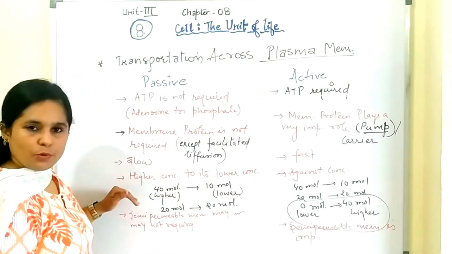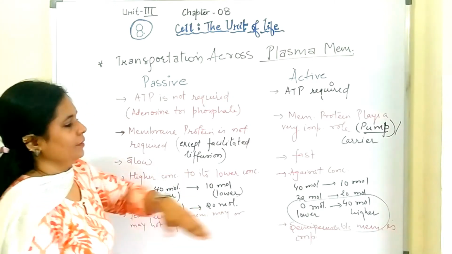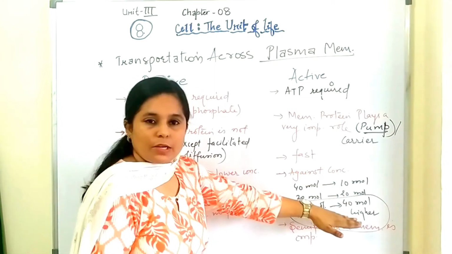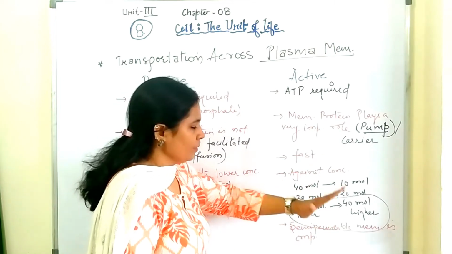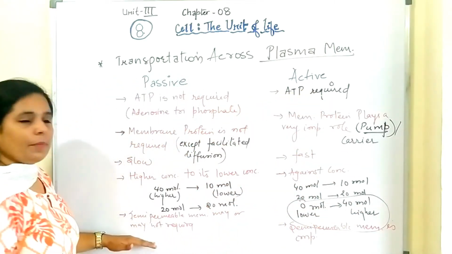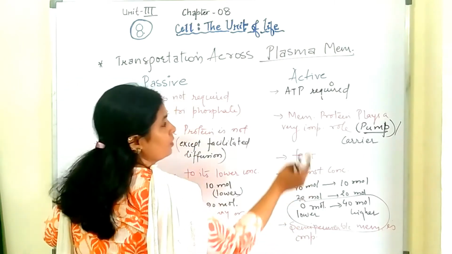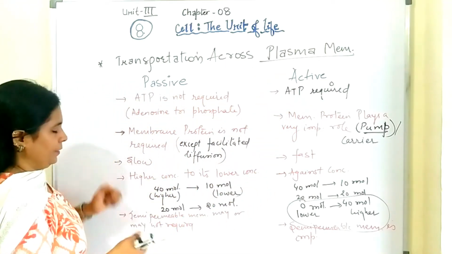Higher concentration to lower concentration till it reaches the equilibrium state. Here it is against concentration: if the molecule is important, it even goes from lower to higher concentration, and for this movement ATP will be required. Semi-permeable membrane may or may not be required, while here it is important. Without this, active transportation will not be done.